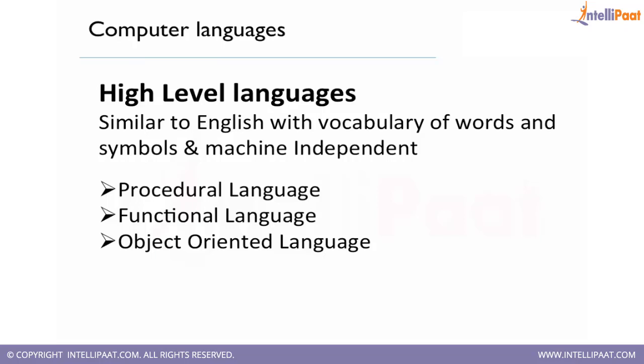But to understand why it is categorized as a high level language: the program that we write in C will ultimately be converted to assembly language, and assembly language programs will ultimately be converted to machine language. So we need not worry about the conversion of our program from high level to machine level.